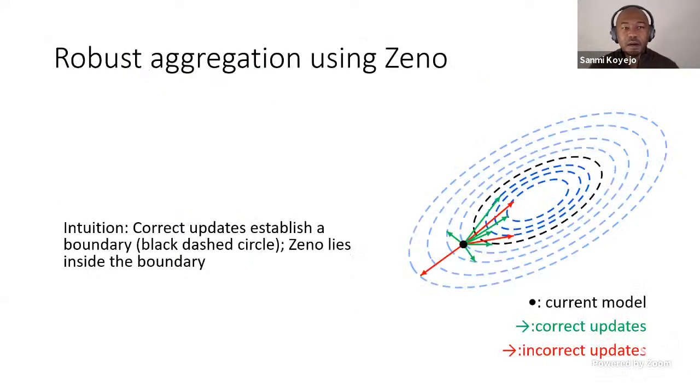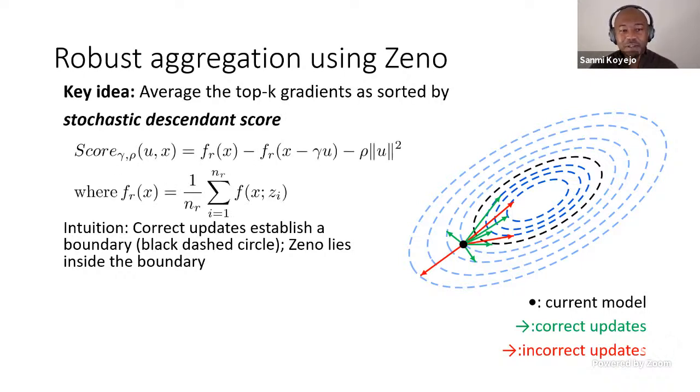Our approach to mitigate this issue is to use a different kind of robust aggregation, which checks whether an update is pointing in a good direction or not. We do this using validation data. We construct what we're calling a stochastic descent score.